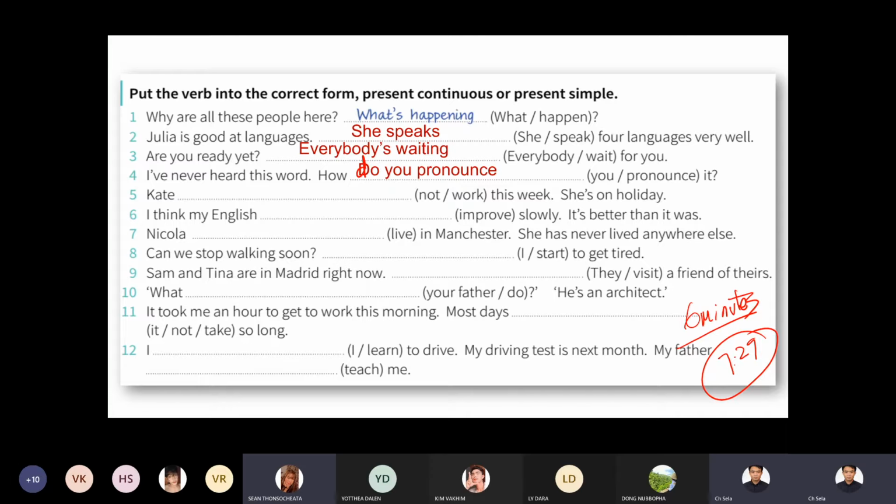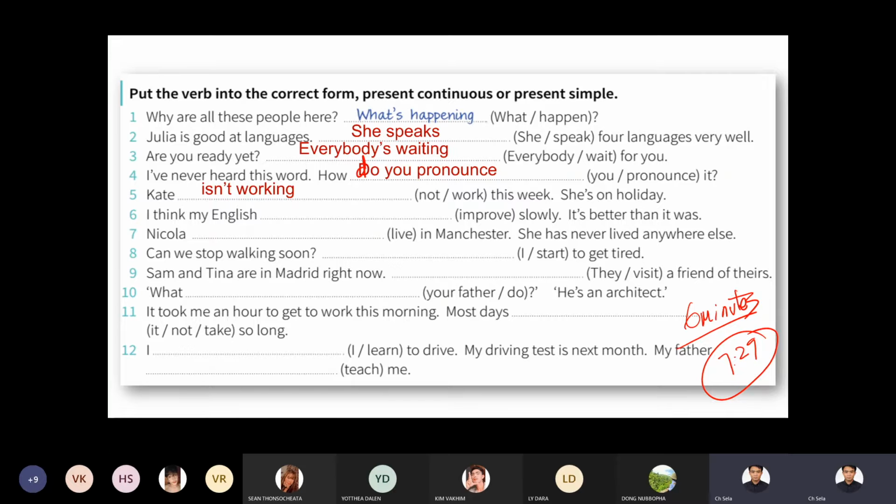So again, Kate isn't working this week. She's on holiday. Okay, what happened? No. Kate isn't working this week. She's on holiday. All right, thank you very much.